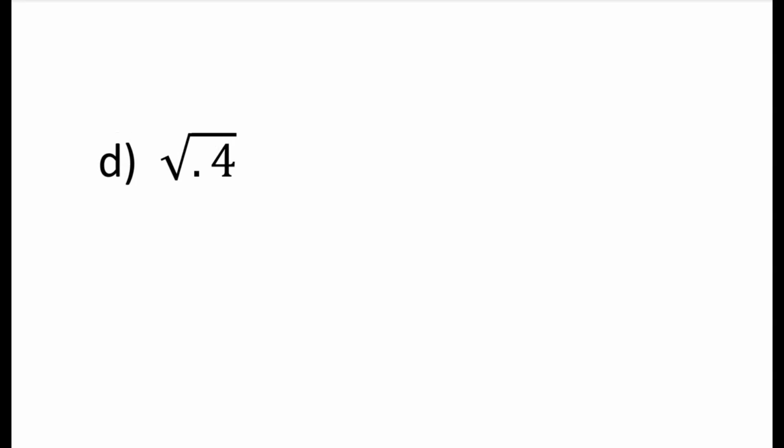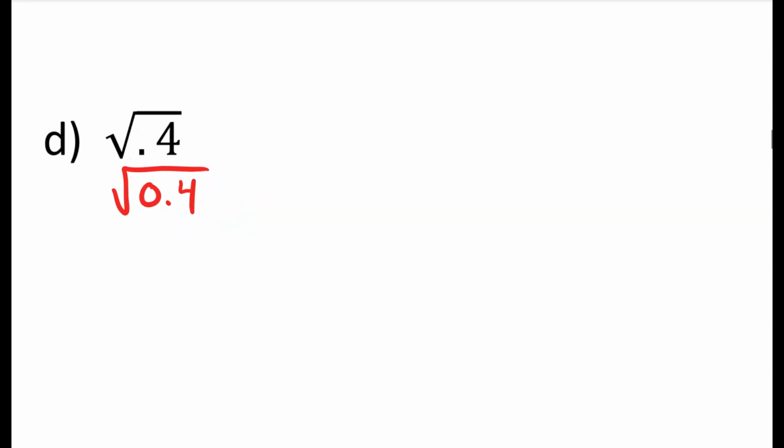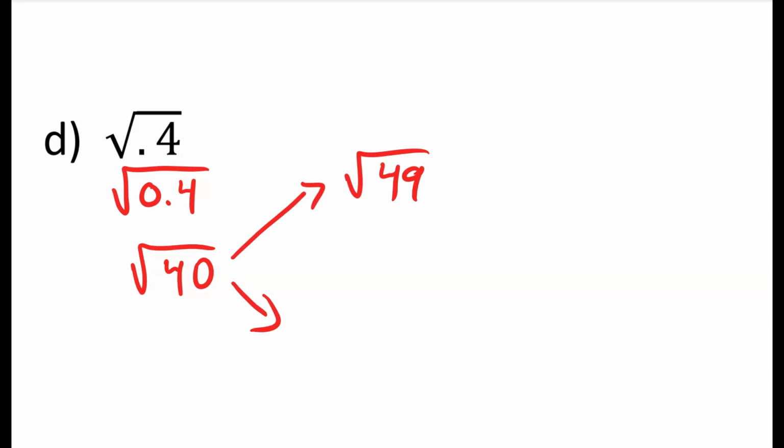The last problem that we'll go through today is going to be root 0.4. The first thing that we want to do is turn this into a number that we're able to work with. If we multiply this by 100, it allows us to look at root 40 instead of root 0.4. This gives us options for looking at what could be above and below this root.